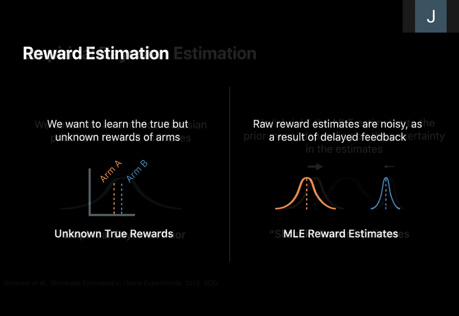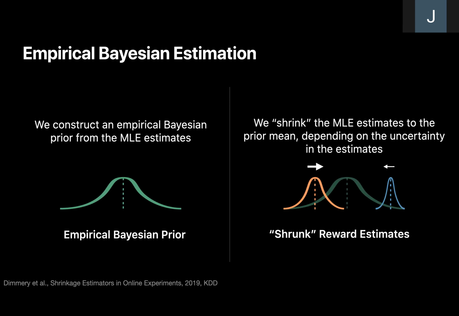Now, what we then do is look at a variety of different estimators, and in the interest of time, I'm just going to focus on the empirical Bayesian shrinkage estimator.